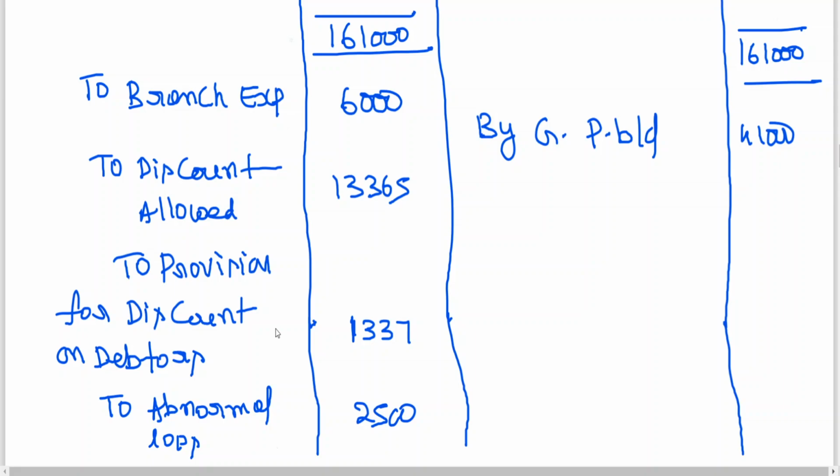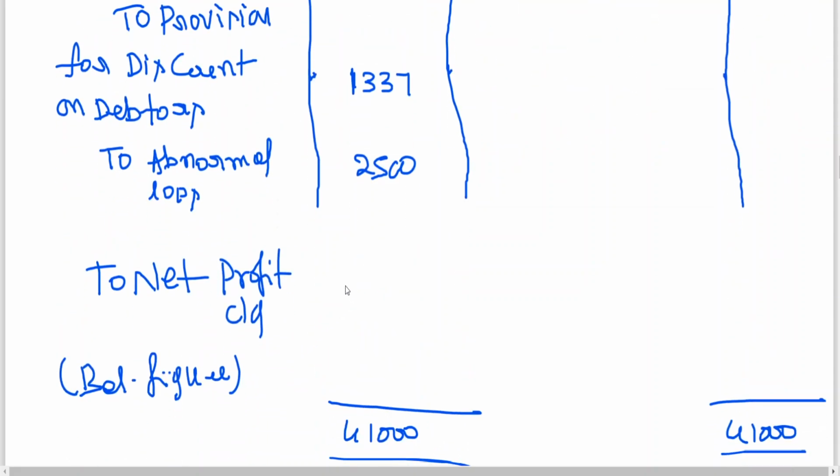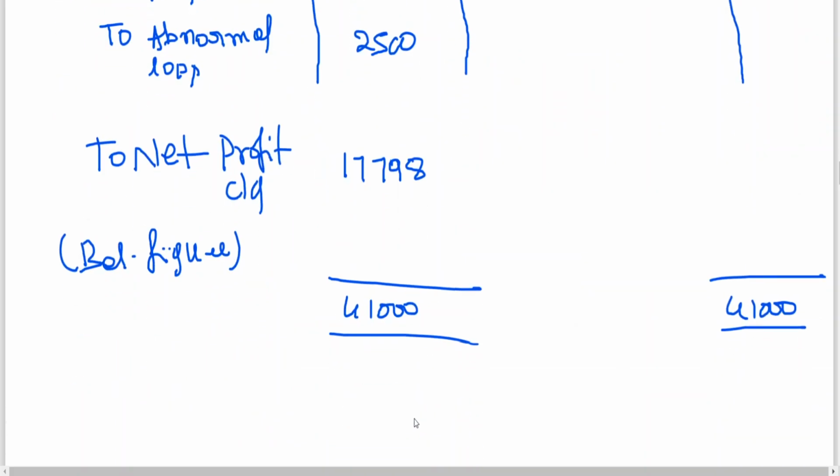It is coming to 17,070. This is net profit, carried on transfer to which account? General P&L account. It is not written, but it is implied.